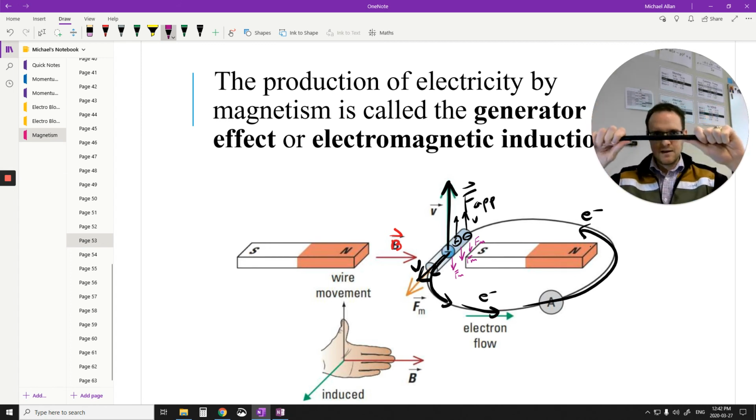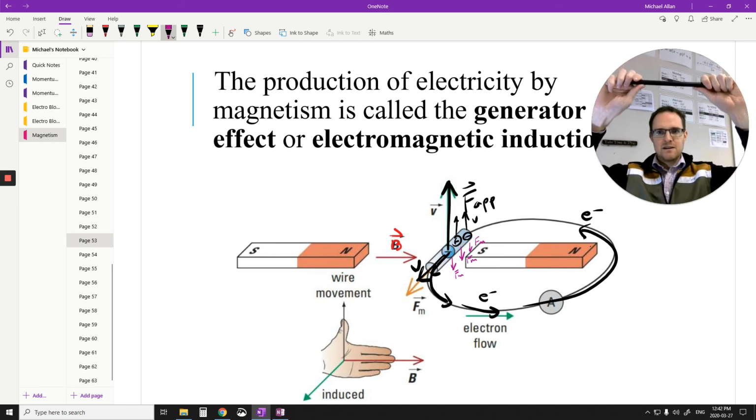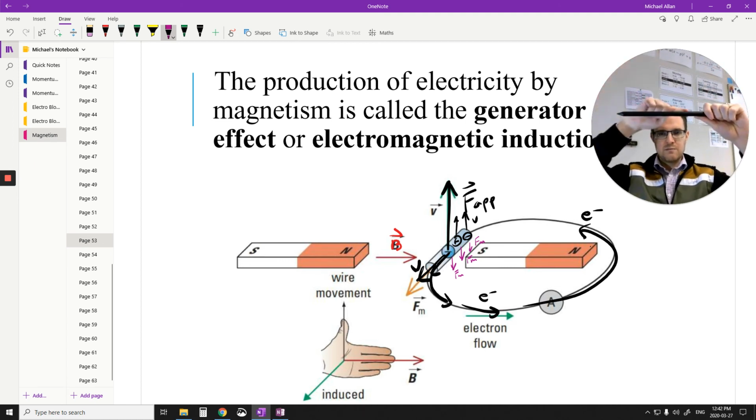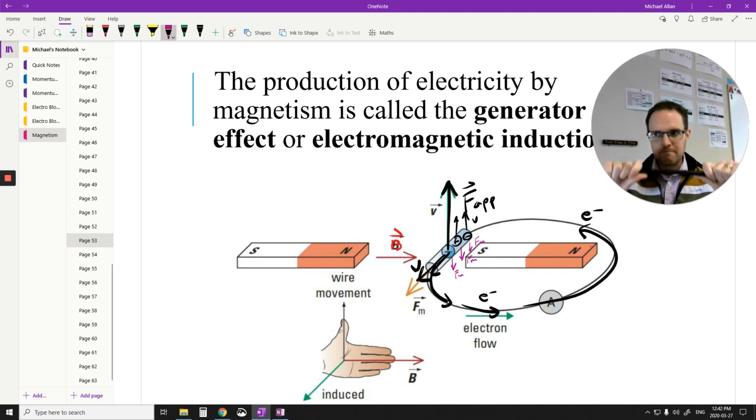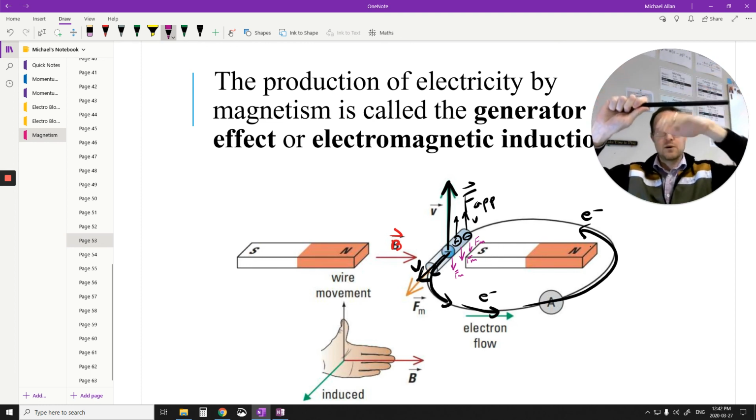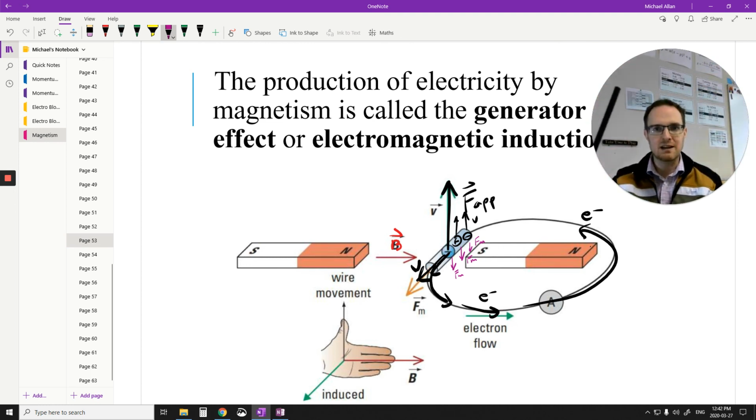I physically raise this up, but when the electrons are moving through there, they're forcing it back down. If I wasn't able to overcome that resistant force, I wouldn't be able to move the wire and we wouldn't be able to get electricity. So we're easily able to move the wire through the magnetic field, but there's a resistance.